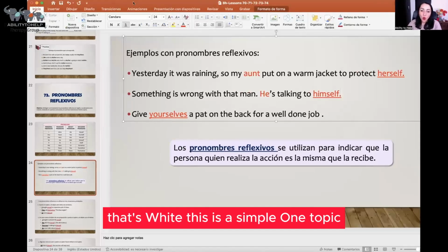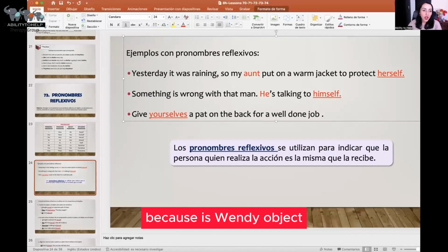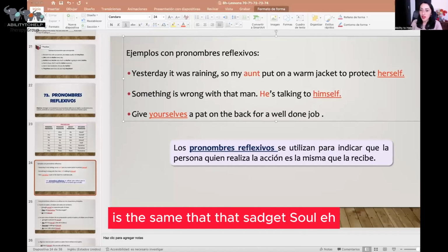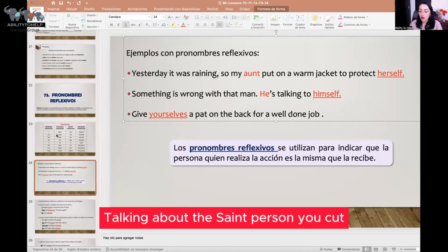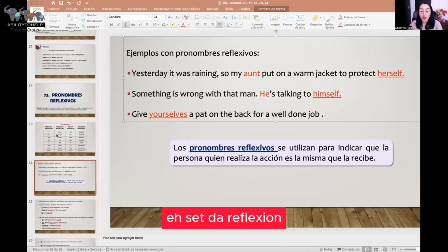So, that's why this is a simple topic, because it is when the object is the same as the subject. So, in fact, if you are talking about the same person, you could use the reflexive pronoun. Actually, it is like Spanish.